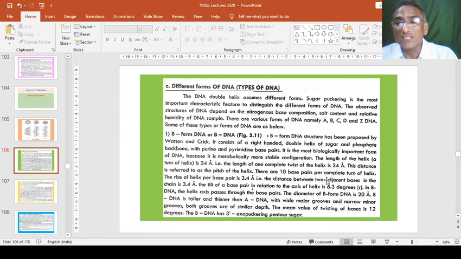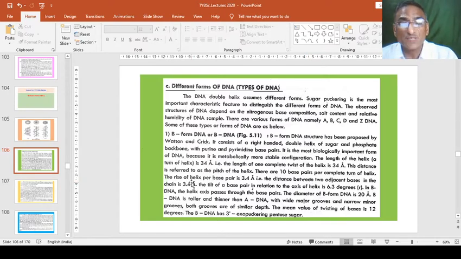The length of a turn of the helix is about 34 angstrom. That is, the length of one complete twist of the helix is 34 angstrom. This distance is referred to as the pitch of the helix. There are 10 base pairs per complete turn of the helix.